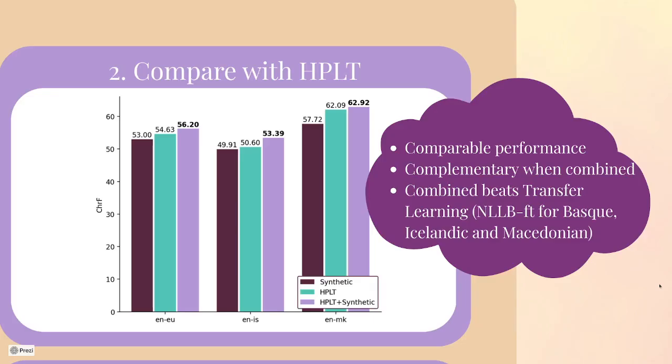Finally, we can also see how combined beats transfer learning. So if we look at the table before, we would see how in this case the HPLT and synthetic model beats EMNLP fine-tuned for Basque, Icelandic, and Macedonian, which was the highest scoring model that we had.